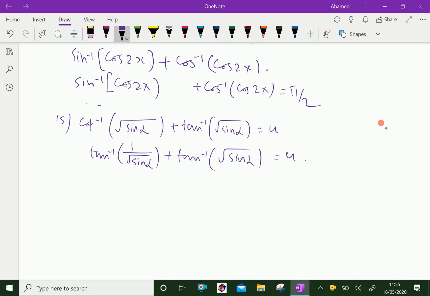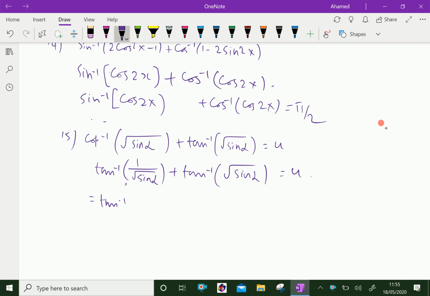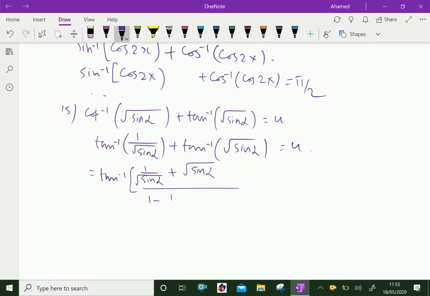We know that tan inverse of A plus tan inverse of B is tan inverse of (A plus B) over (1 minus AB). So tan inverse of (1 over root sine alpha plus root sine alpha) over (1 minus 1 over root sine alpha into root sine alpha).